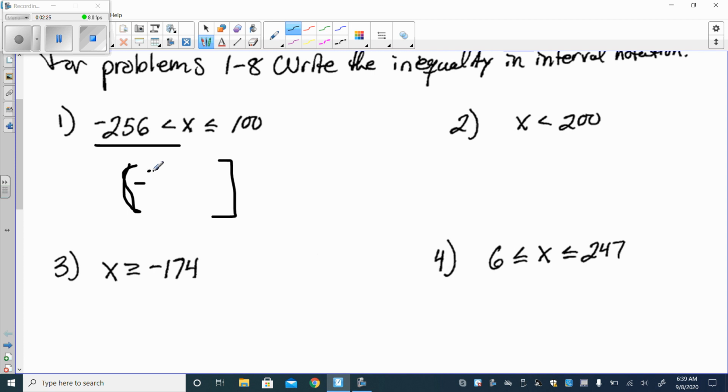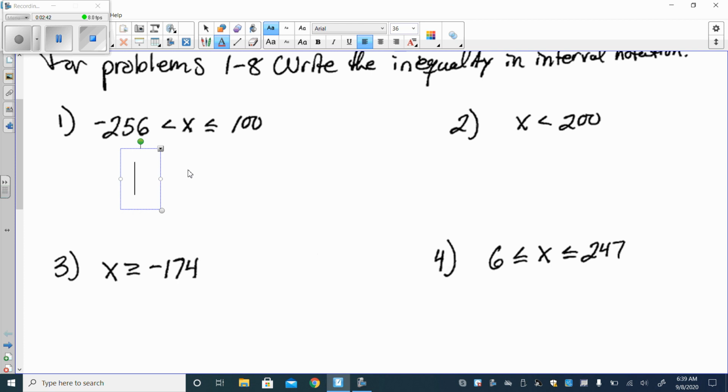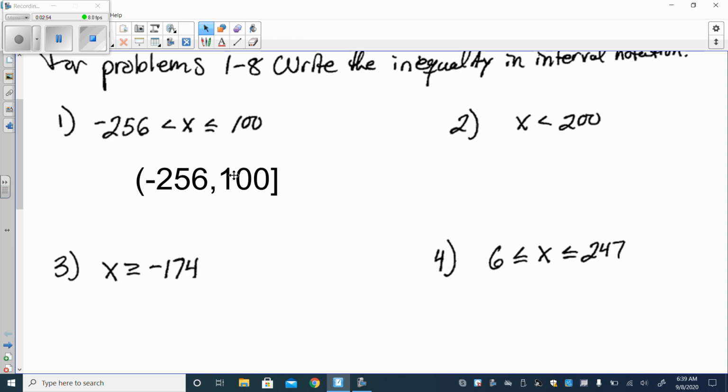Now x is, the smallest number is negative 256, and our biggest number is 100. So really what this could look like is negative 256, comma, 100, bracket, is what our answer should look like.